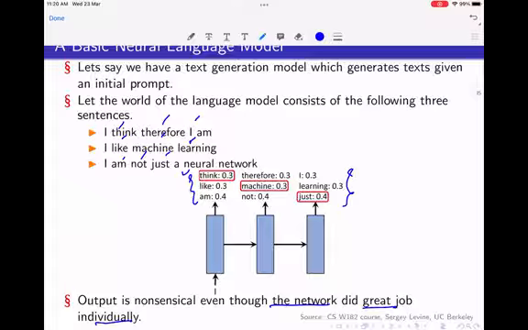I have a small confusion. In this case, you mentioned think, like, and am as 0.3, 0.3, 0.4. They sum up to 1. But there are many more words, sir.